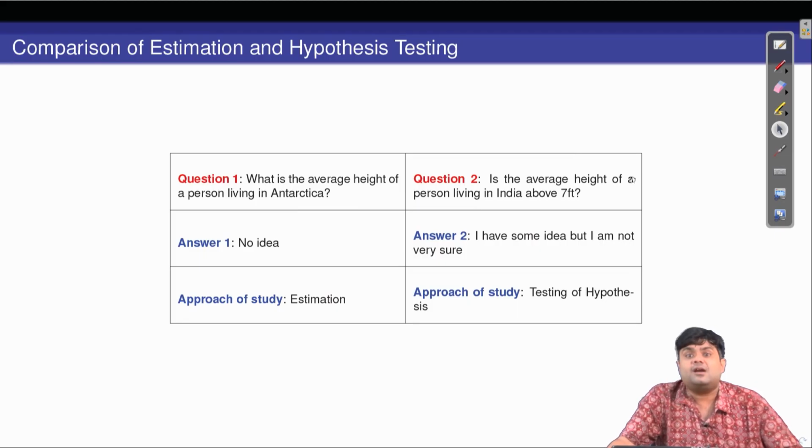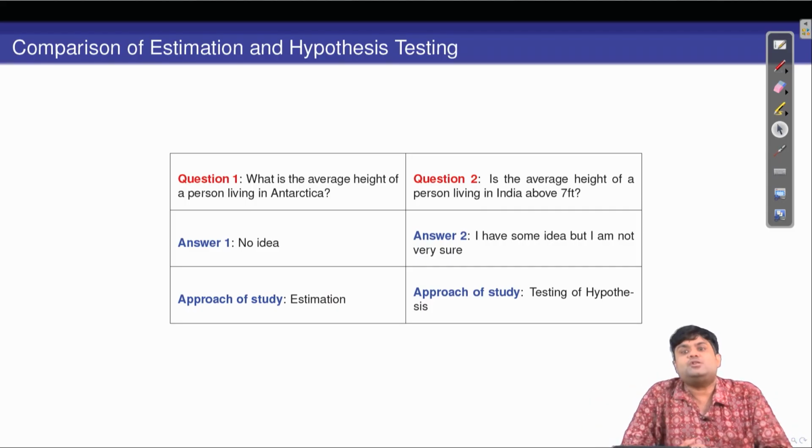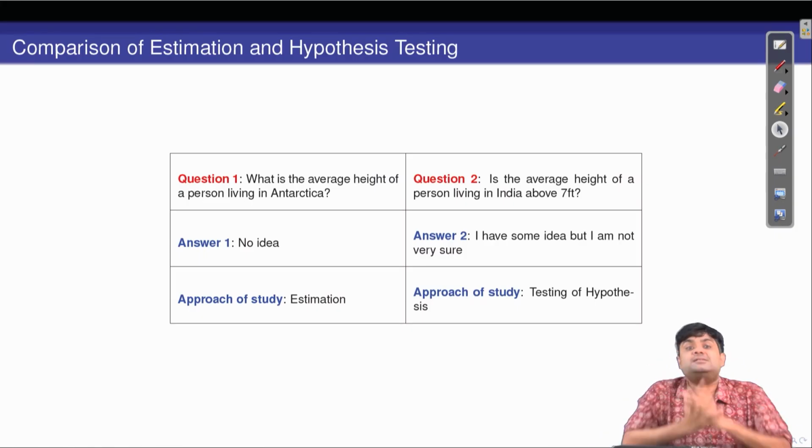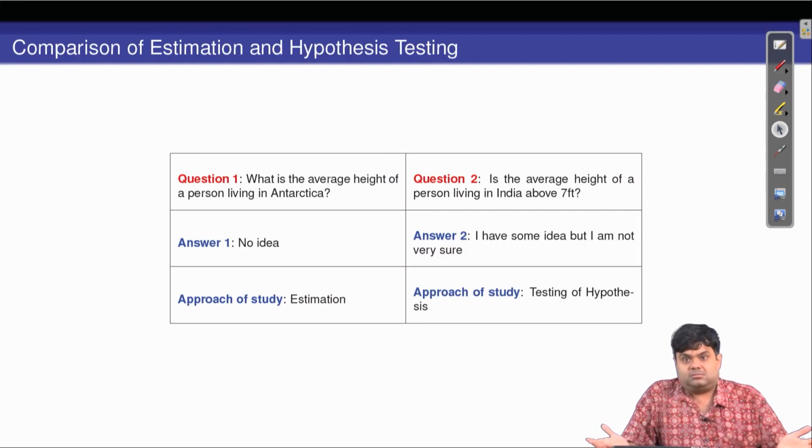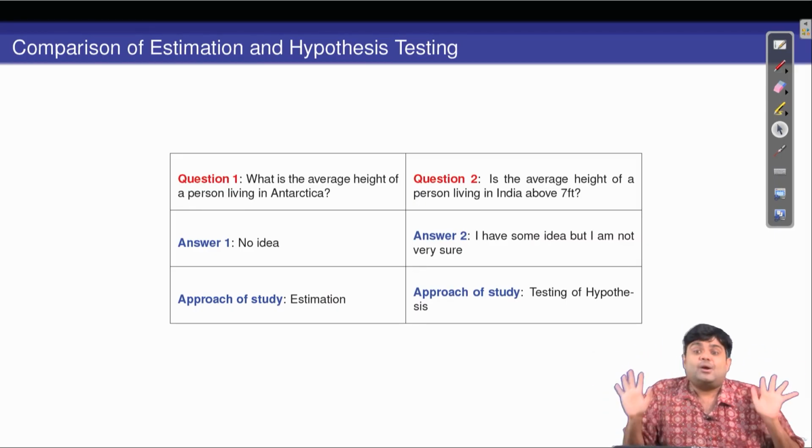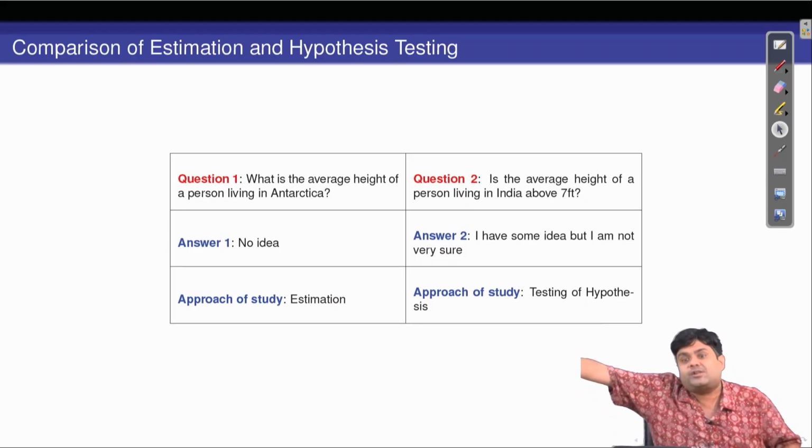Just like here, if the question was, is the average height of a person living in India above 7 feet or not, and the data you have collected comes out indeed to be above 7 feet, that looks suspicious to you, because your standard answer to this question is no, since you have some idea about the height of an average Indian person. Even if you don't, you kind of know that it's not that tall.